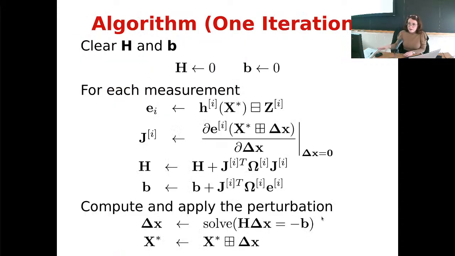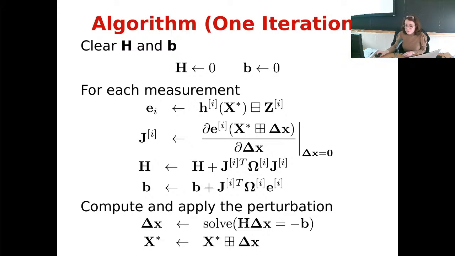Now, let us have a quick look at the recap of the algorithm. Recall that in iterative least squares, we iteratively minimize a nonlinear cost function by considering its quadratic approximation around the current estimate of the state. In particular, we build the H and B matrices, which are the coefficients of a linear system, from which we compute the perturbation delta x, which is then applied to the current estimate of the state to improve it.